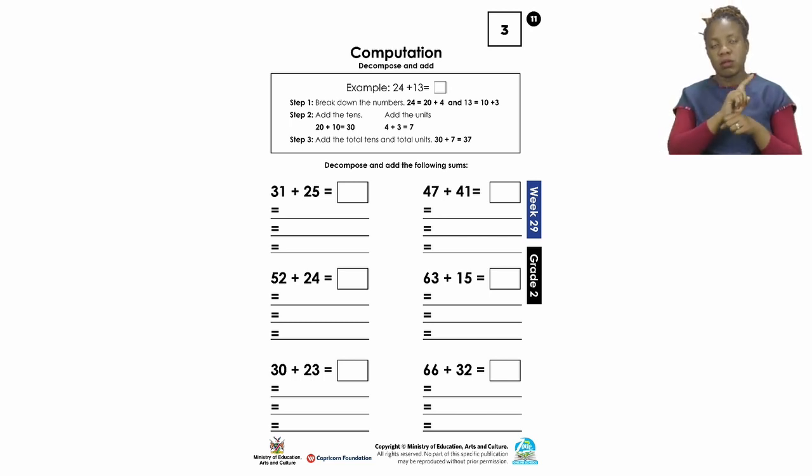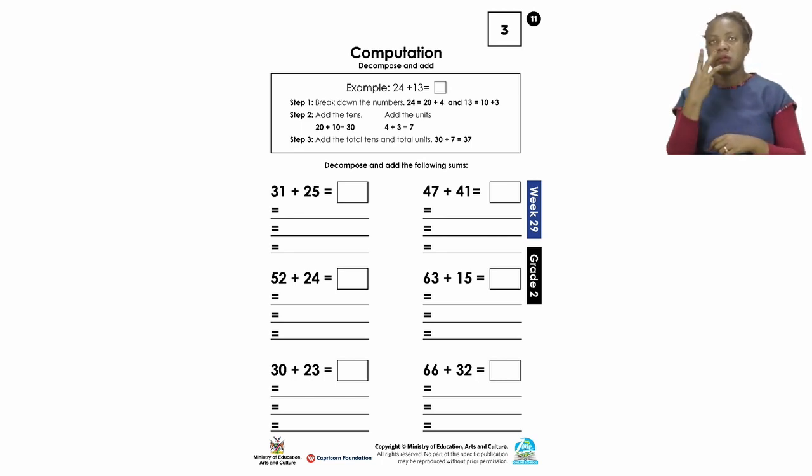So at step 2, we will now take the tens, so the 20 from 24 and the 10 from 30. Or not 30, sorry, 13. The 20 from 24 and the 10 from 13.